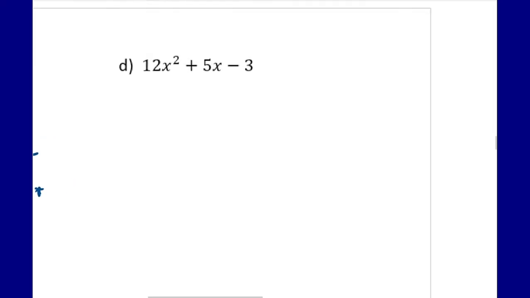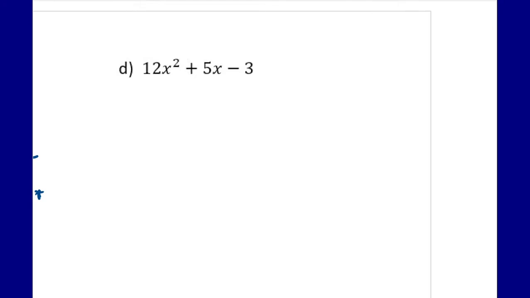Let's do the same thing with D. Let's try to go through and look. Is there a common factor first? Well, there is a common factor between the 12 and the 3, but not the 12 and the 5, or the 3 and the 5. So in this case, there is no common factor. So let's try to factor it as a complex trinomial.